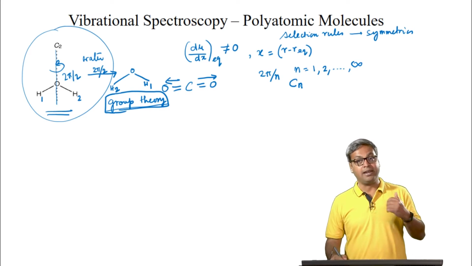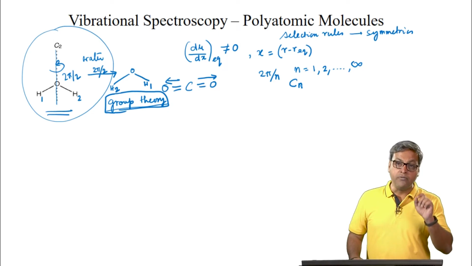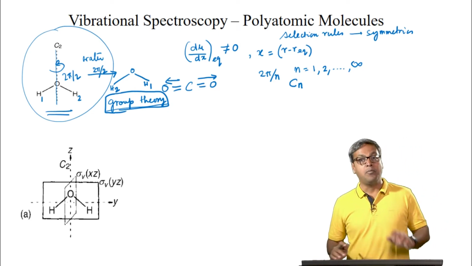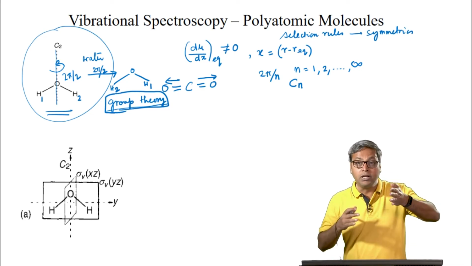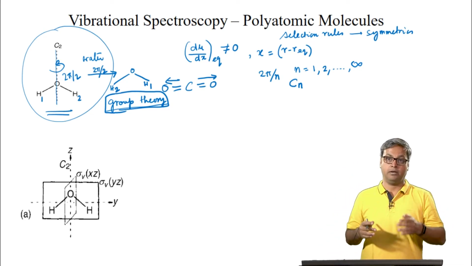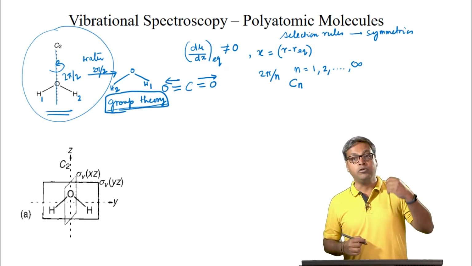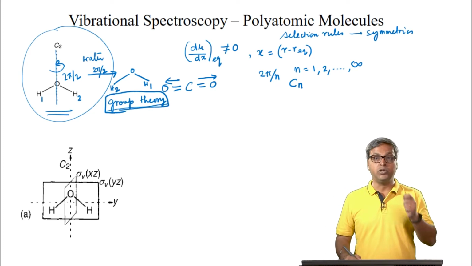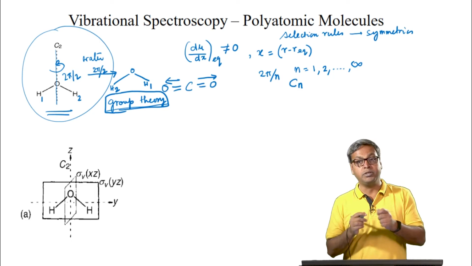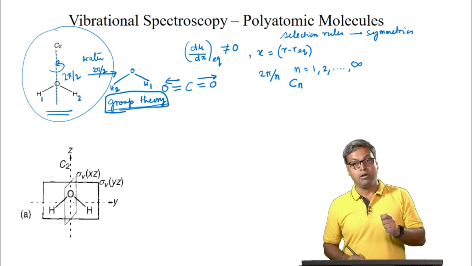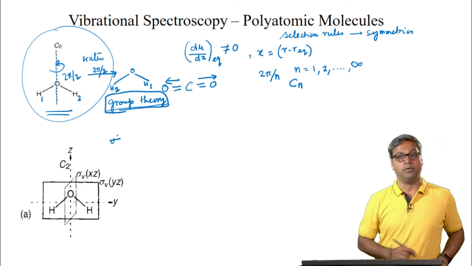Like C n, there are other elements of symmetry. If a molecule has a plane of symmetry such that reflection of all the nuclei through the plane to an equal distance on the opposite side produces a configuration indistinguishable from the initial one, it is known as the plane of symmetry, and the symbol for such symmetry is sigma.